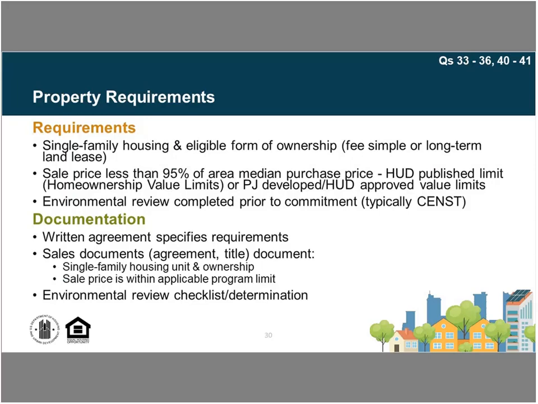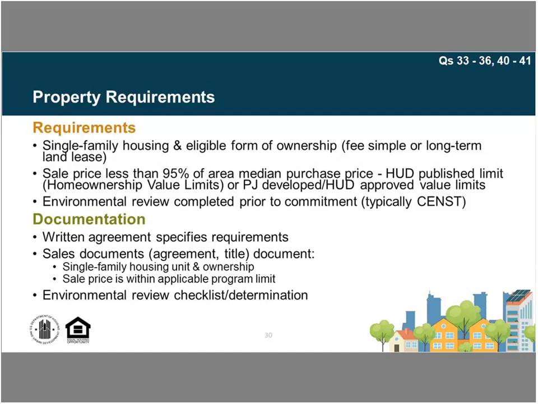I want to emphasize that homeownership can be done for what is called in HUD speak single-family housing, which is generally defined to be 1 to 4 unit owner-occupied situations, as well as condos and co-ops and other forms of housing and forms of ownership that are recognized by your state. The form of ownership needs to be eligible.